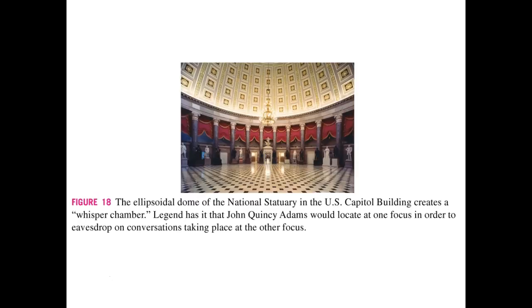There are things they call whisper chambers, and if you've ever been in the Capitol building, they'll probably point these out to you. They said John Quincy Adams would locate one of the foci in order to eavesdrop on conversations taking place at the other focus. If you could get someone to talk in one place, you'd go around to the opposite side and listen in, and he could hear exactly what they were saying across the floor.